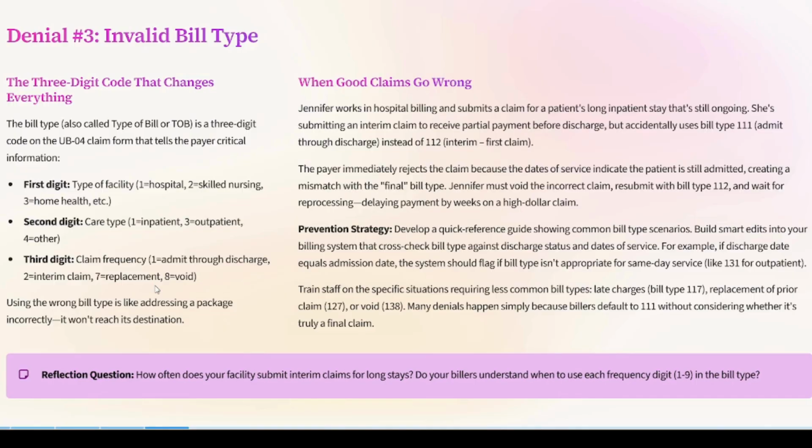All right, reflection question: How often does your facility submit interim claims for long days of service? Does your biller understand when to use each frequency digit, 1 through 9, and the bill type? I'm actually going through this at work.